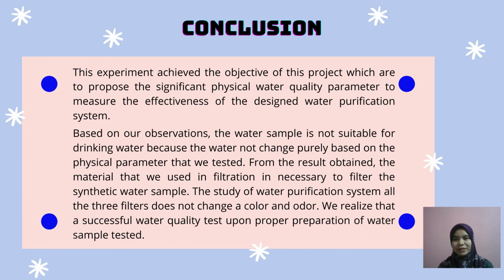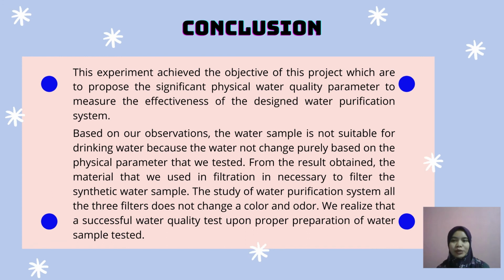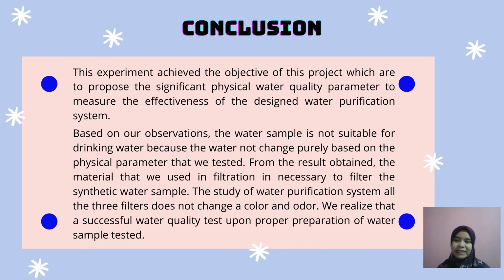Alright, let's move to the conclusion. This experiment achieved the objective of this project, which is to propose the significant physical water quality parameter to measure the effectiveness of the designed water purification system. Based on our observation, the water sample is not suitable for drinking water, because the water does not change purely based on the physical parameters that we tested.